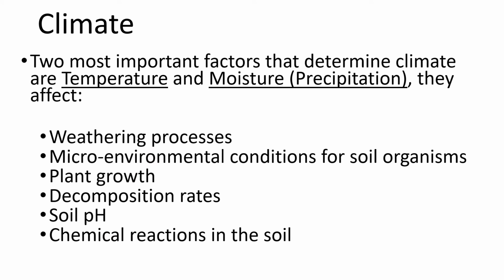Another factor is climate. And so just like climate, right, temperature and precipitation, they're going to affect the weathering process. Looking at the conditions for soil organisms. So there's tons and tons of organisms in the soil, lots of microbes. What plants are going to grow there, how fast the decomposition rates are, what the soil pH is going to be, and then also any chemical reactions happening in the soil are going to be affected by temperature and water.